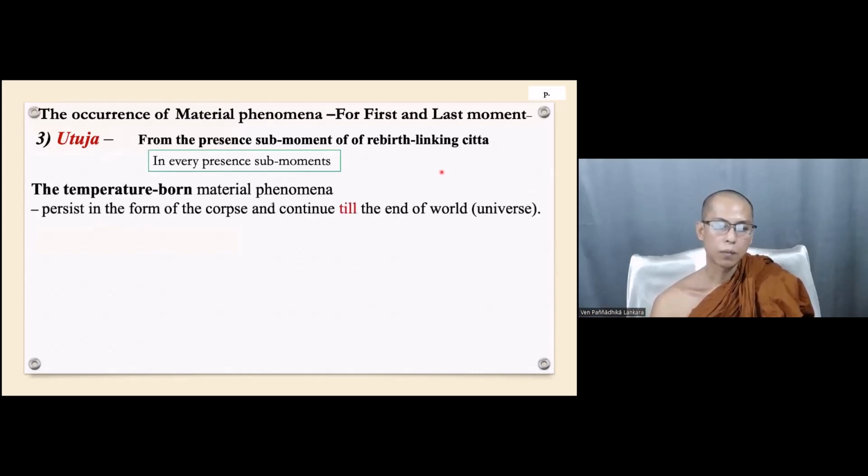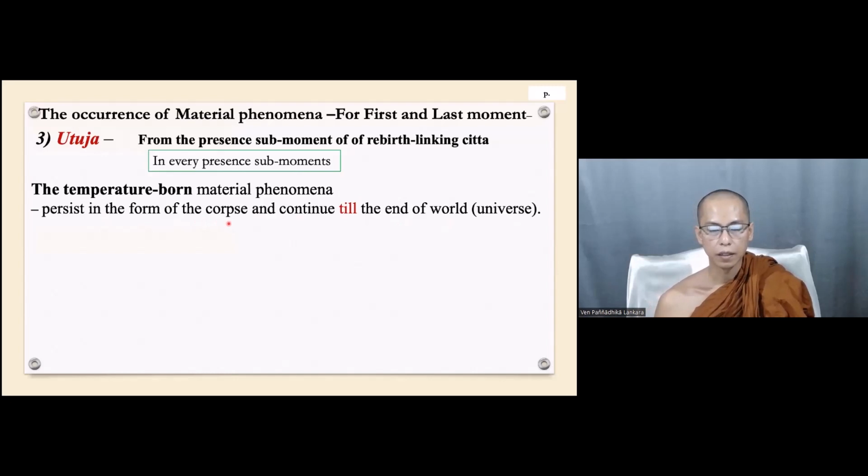Then the temperature-born material phenomena, in the form of the corpse, continue to the end of the world of the universe. The temperature-born materiality does not stop or cease with the death of beings. Although the being dies, the remaining materialities born of temperature continue in the process of the corpse.